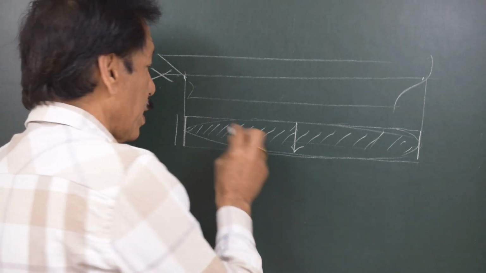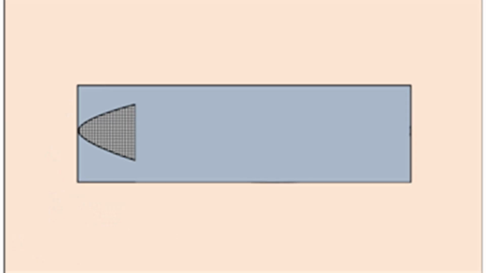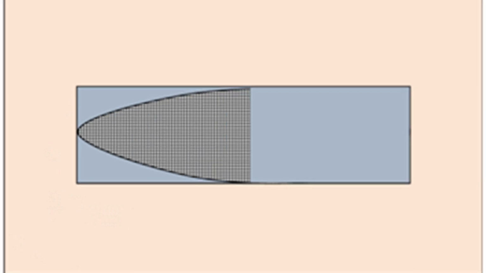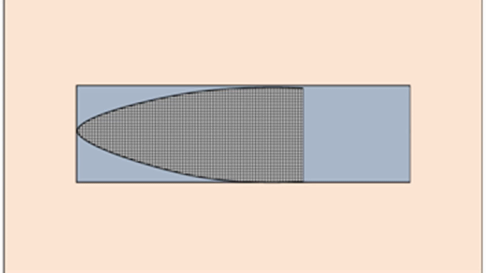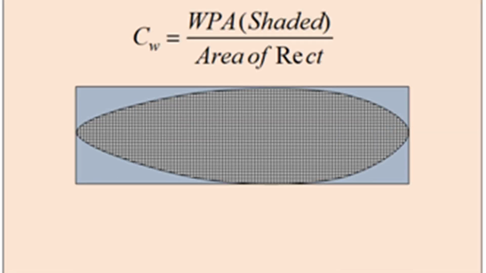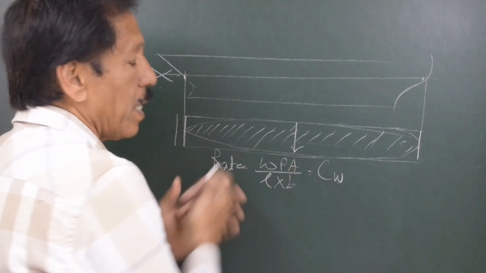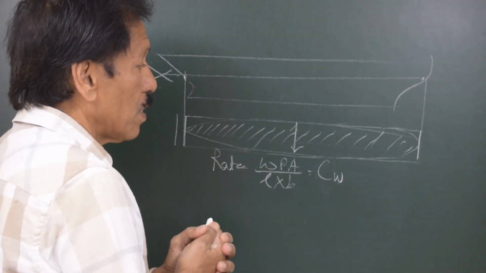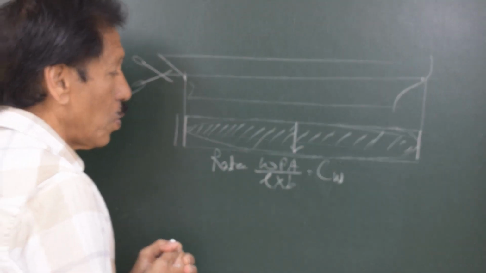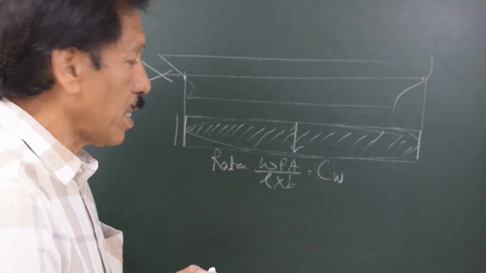Then the ratio, water plane area divided by circumscribing rectangle, is the coefficient of water plane area. As you can see, the water plane area has to be always less than the area of the circumscribing rectangle. So water plane coefficient is always less than 1. It cannot be more than 1.